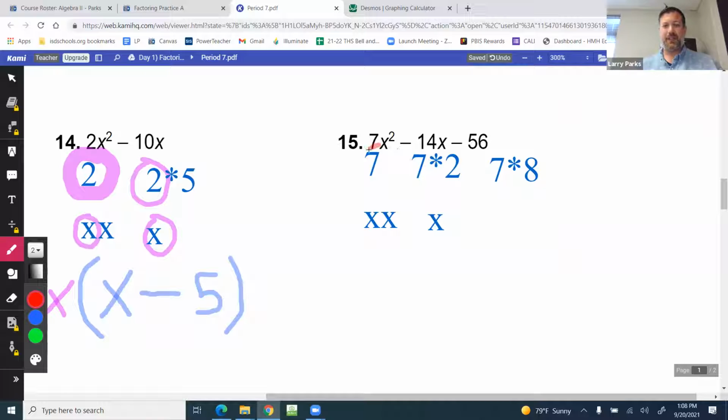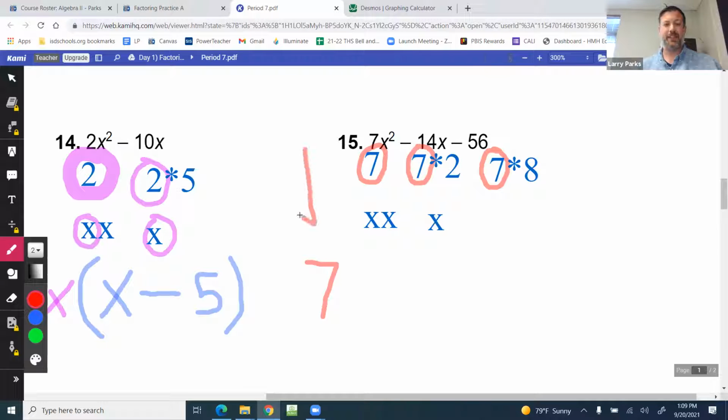So let's pull 7 out. I got a 7, 7, and a 7. So I have a 7 come out. Now let's see if I could circle anything else. Or is 7 the greatest common factor? There's nothing else with 7. There's no way I could circle 2 or 8 because all this is 7. Here I have an x, no x. So I cannot circle x. So 7 is what we call the greatest common factor.